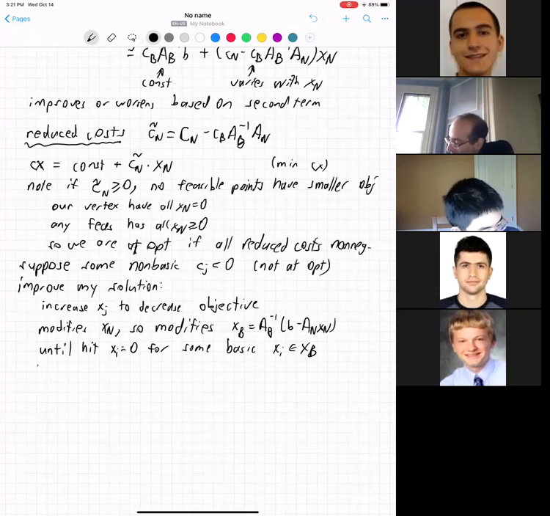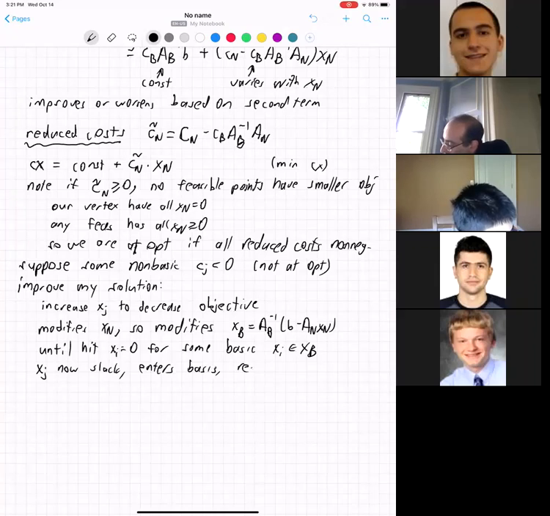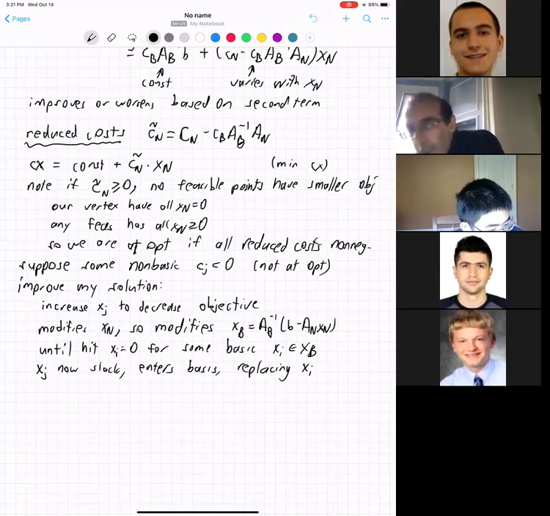So what has happened is that xj is now slack, and it enters the basis, replacing xi, which is now tight. Okay. So again, this is the math of loosening one constraint, moving while you keep the other constraints tight until you hit a different constraint. So this is the math of moving along one of the lines of the polytope.